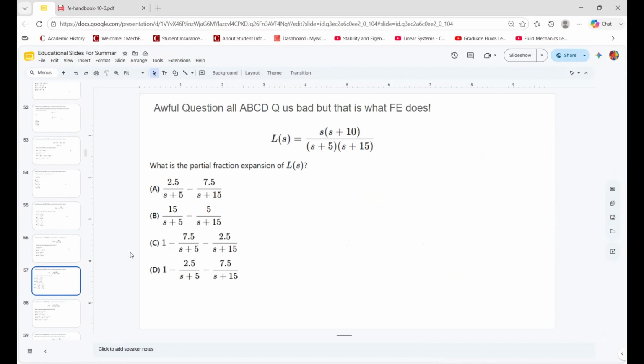And once my computer battery dies, we're stopping. We have s times s plus 10, and then s plus 5, s plus 15, and then we have this, and then what was it again? Minus, I think it was 10s minus 75, right? Equals s squared plus 10, right? Am I correct? I think I'm correct.